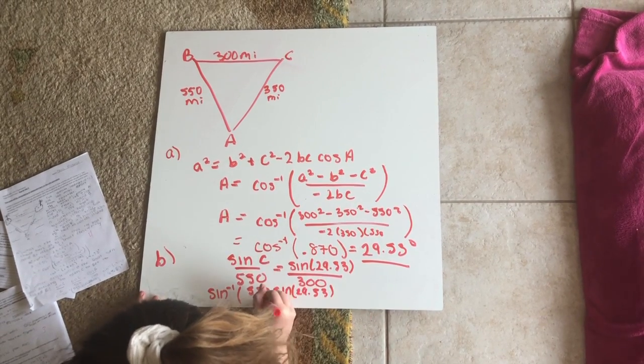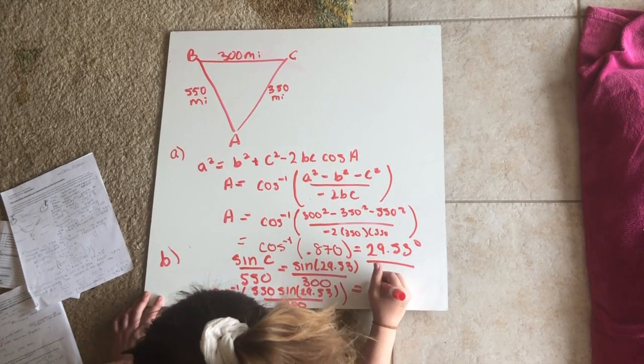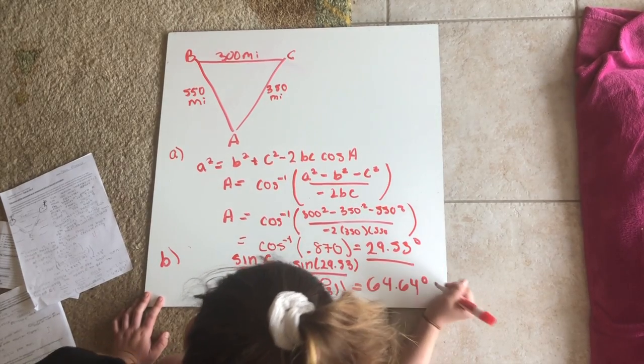You cross multiply, and then you take the sine inverse of 550 sine 29.53 over 300, and you get the angle 64.64 degrees. If you want to find the third angle, which is angle B, you can add 64.64 plus 29.53 and subtract those from 180, and you get the angle of 85.83 degrees.